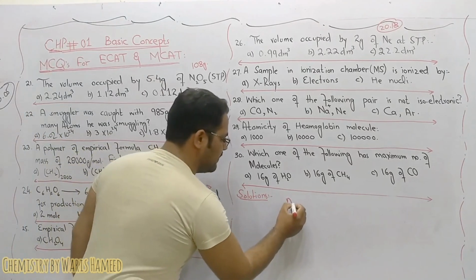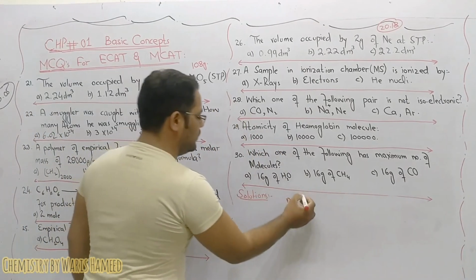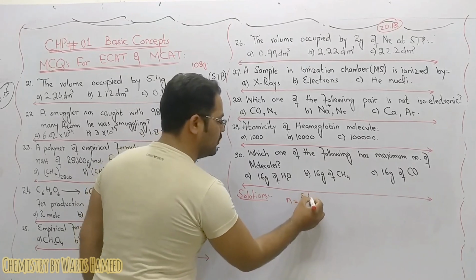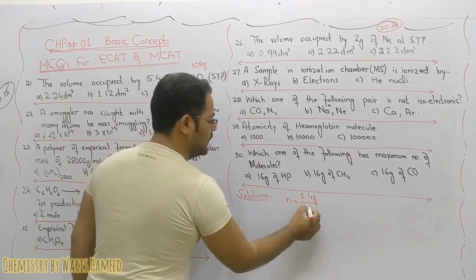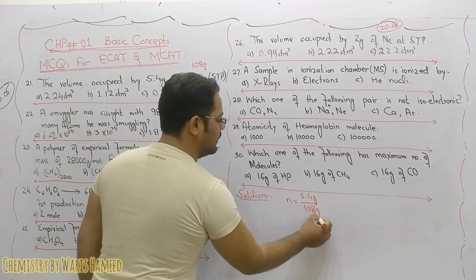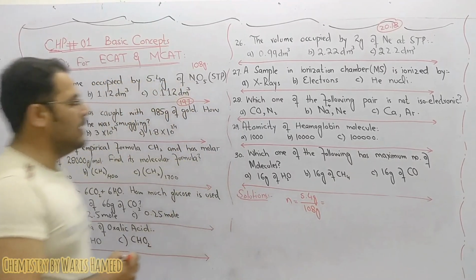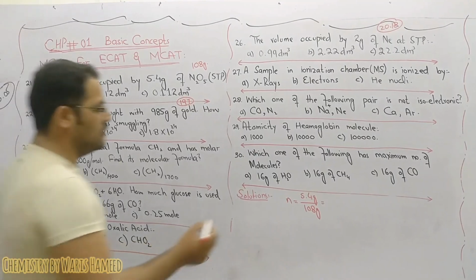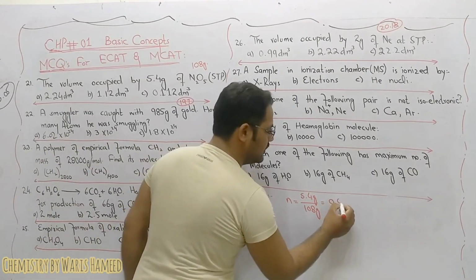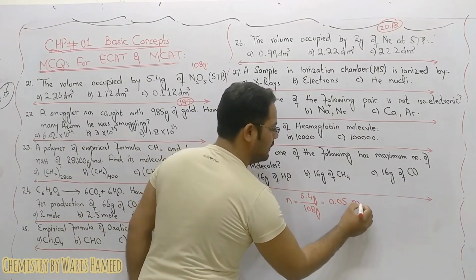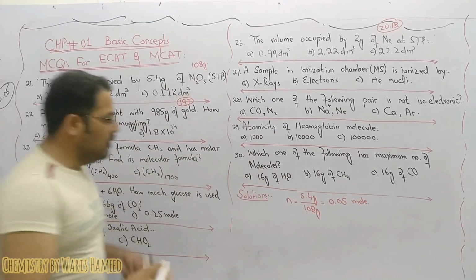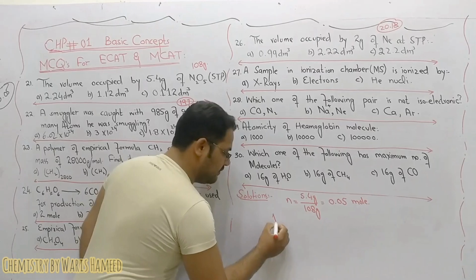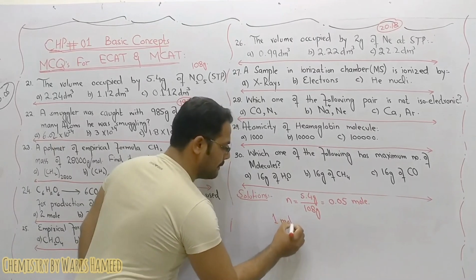So, its number of mole N is equal to 5.4 gram divided by 108 gram. Then we will have an answer, and that's 0.05 mole.